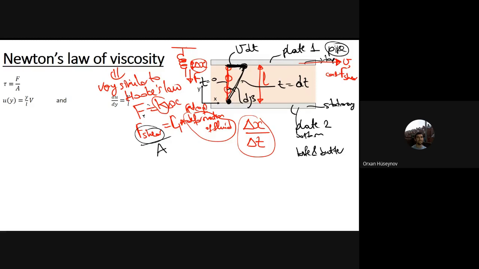It is a linear change, and that will be equal to y by L times v. Y is that coordinate, and v is the velocity here. When you put y as 0, u velocity is 0. And when you put y as L, the velocity is v itself.